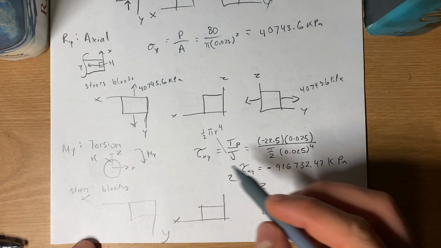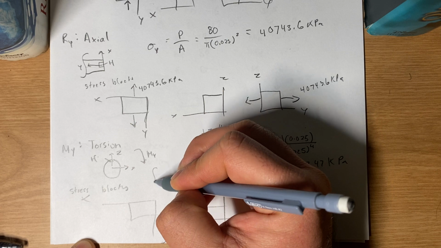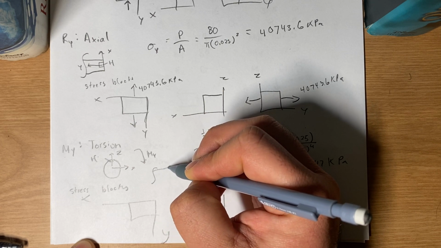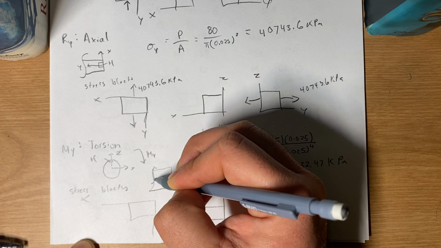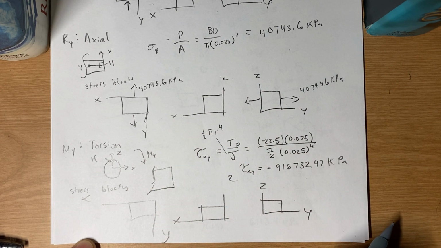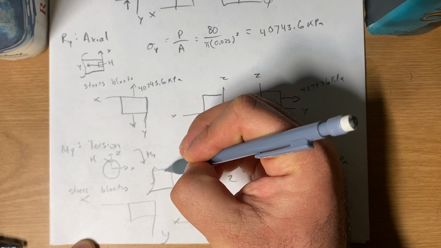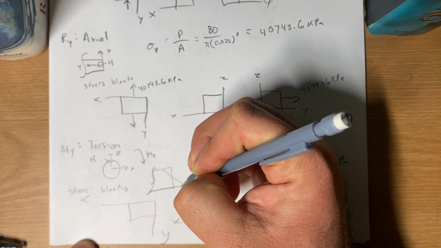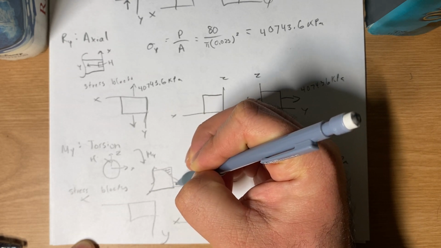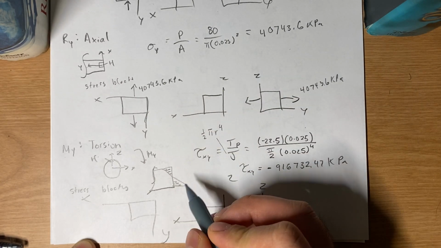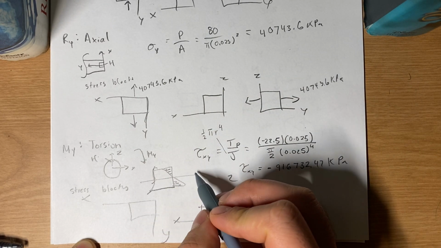So I'm going back to my transverse cuts here. Let me draw this bigger. This is my transverse cut right here. To explain this, we have something that looks like this. When this happens, these are arrows, by the way. So this is my neutral axis.